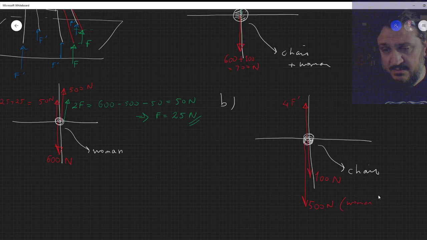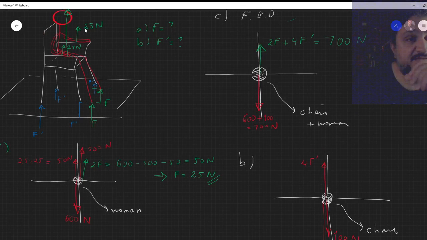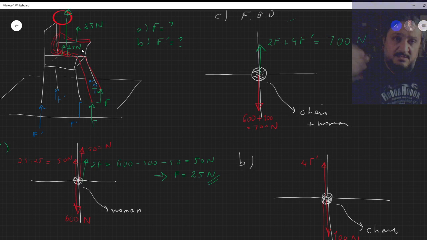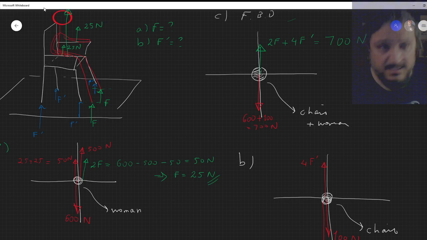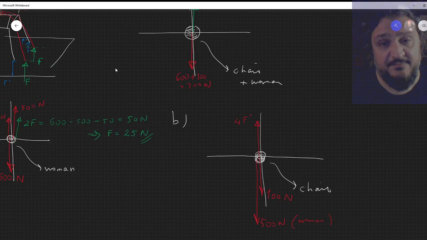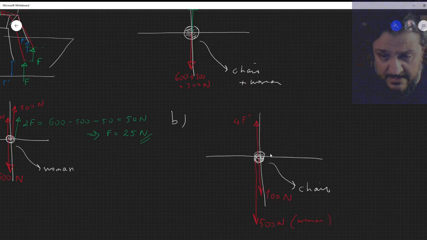Is that all? No, because I also have these two 25 newton forces. Just like the armrests push the arms upward, the arms push the armrests downward. Action, reaction. So 25 plus 25, I have 50, which is also downward. And this 50 comes from the arms.